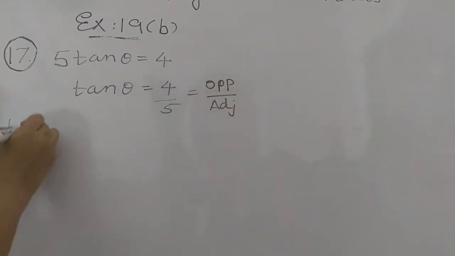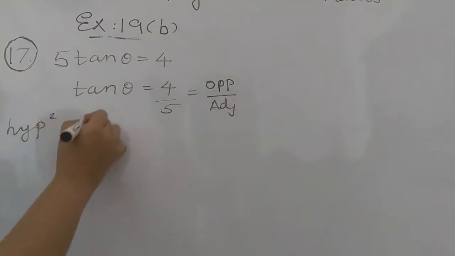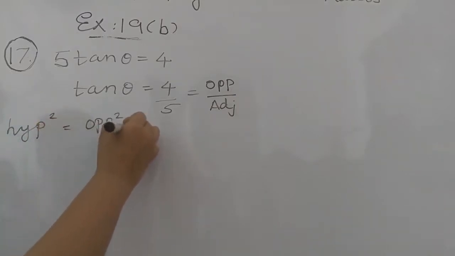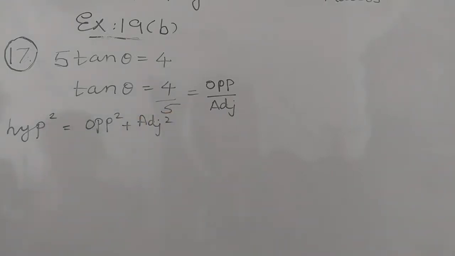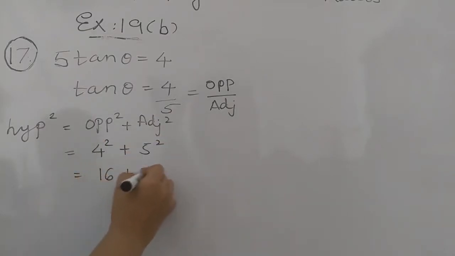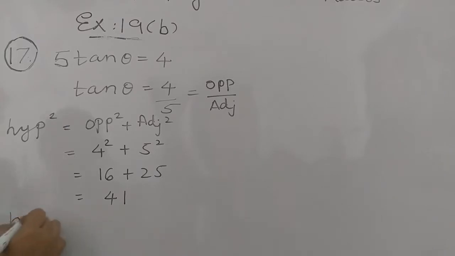Now we need to find the hypotenuse. So I write hypotenuse square is equal to opposite square plus adjacent square. So here we write 4 square plus 5 square is equal to 16 plus 25, that is 41 here. So here I get the hypotenuse is equal to square root 41.